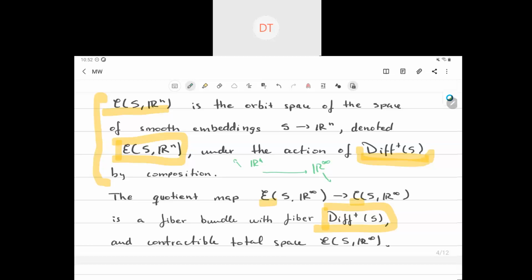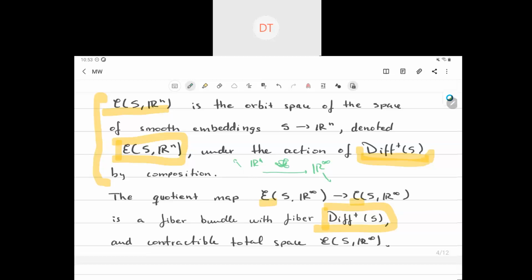But if I'm being completely honest, I'm skipping some things that allow me to define this map on embeddings of S into R infinity to configurations of S into R infinity. All right.